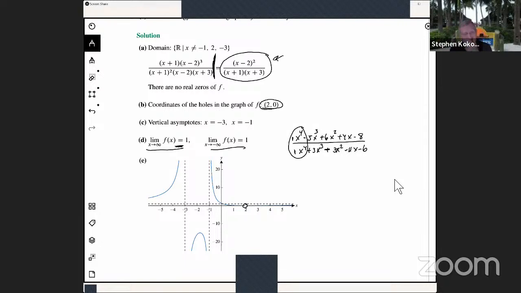And I have a question for you, Curtis, and one that Tom may be able to answer with technology. Looking at this graph, it almost looks like the graph of this function goes down to that hole at x equals 2, and it almost looks like the values of f are negative for a while, and then come back up and get closer and closer to y equals 1.